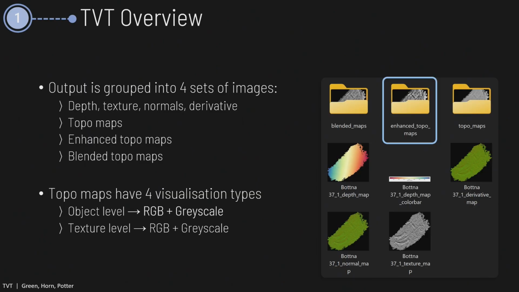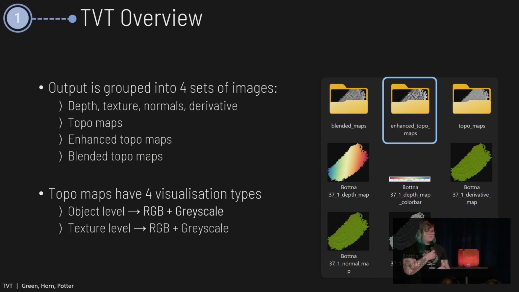Then the depth map is used to create a topographic map, and we have that at 2 different levels. You have your object level and your texture level, depending on if you're more interested in the background texture of the rock or if you're interested in the motifs. We produce those using 2 different filter sizes, and they're produced in color and grayscale.